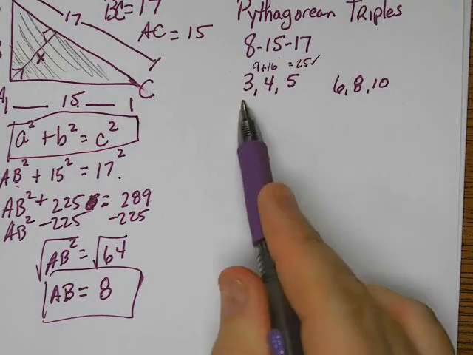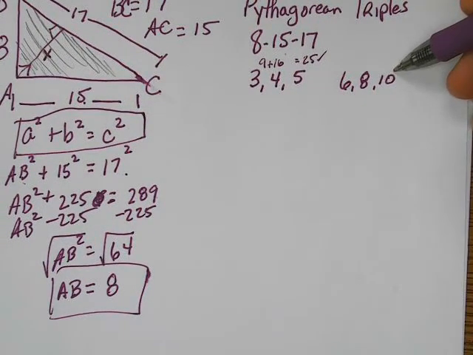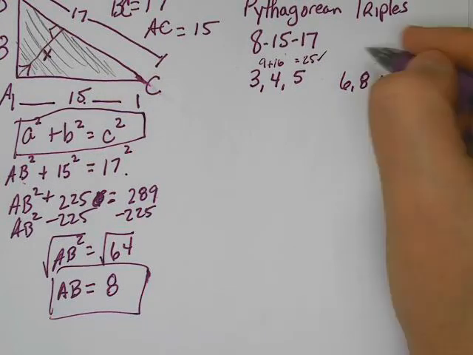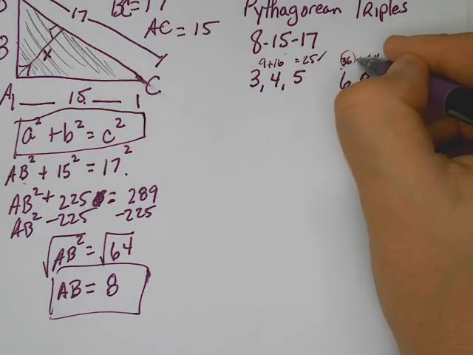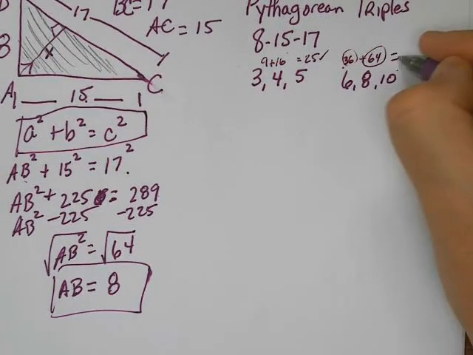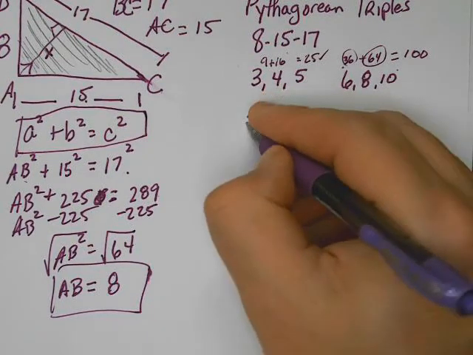So if I multiply each one by 2, now watch. What's 10 squared? 100. What's 8 squared? What's 6 squared? What's 36 plus 64? Pythagorean triple. Following?